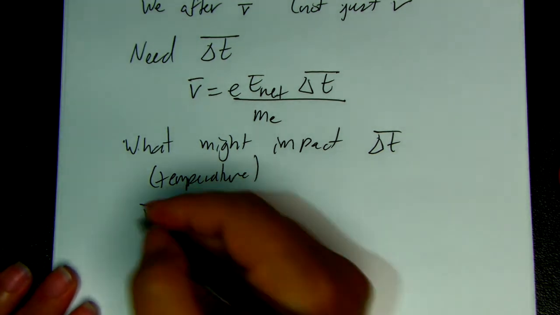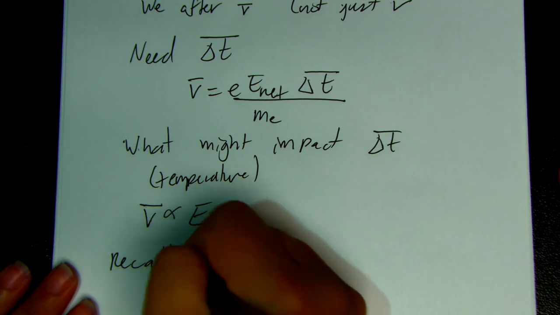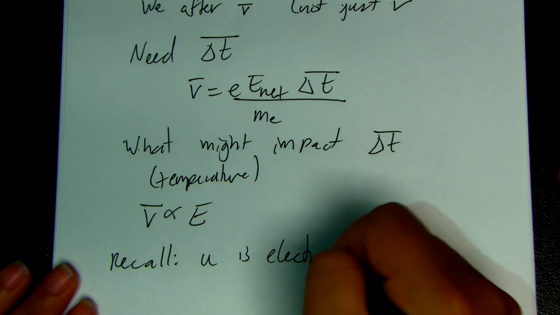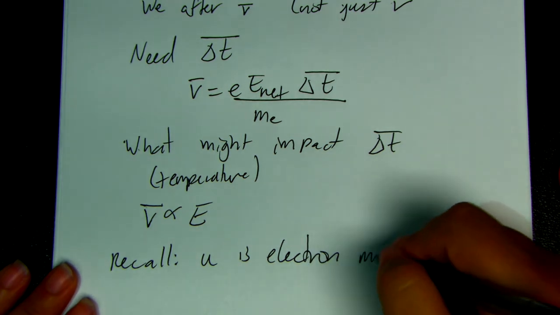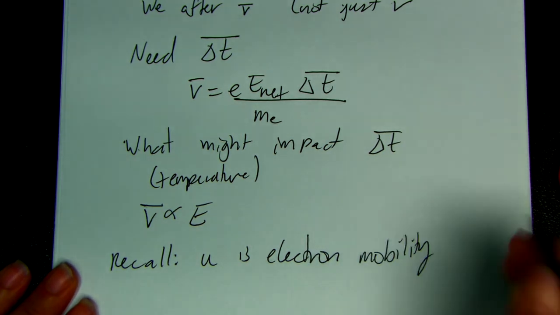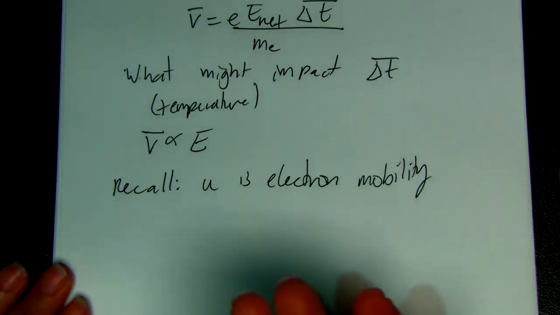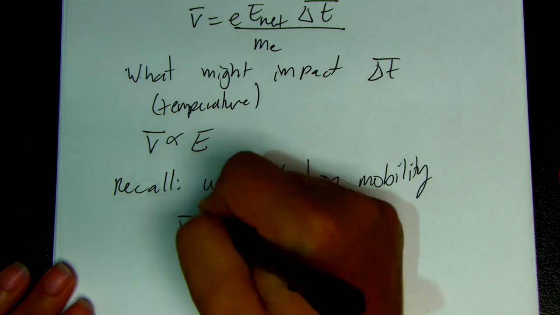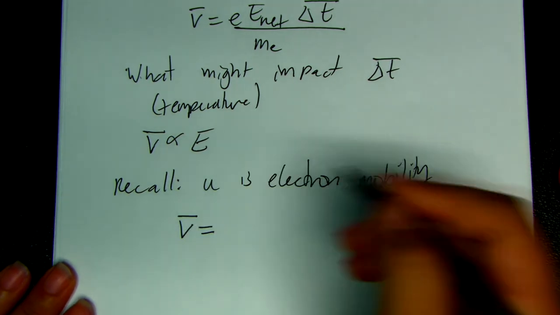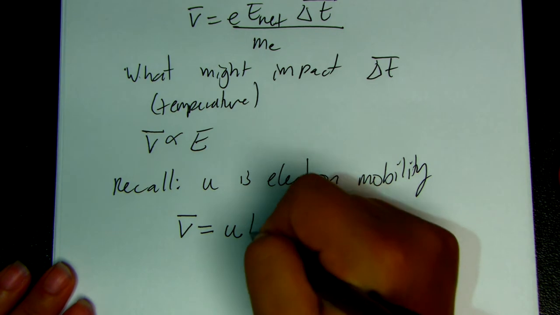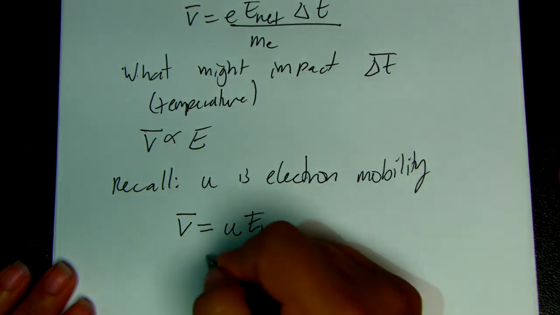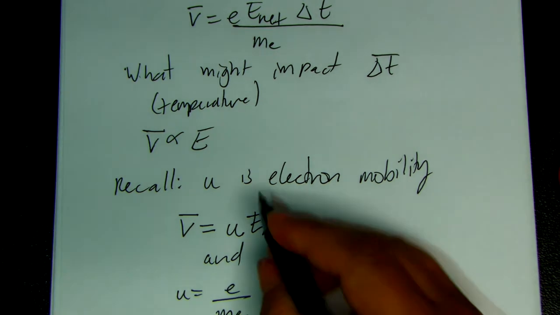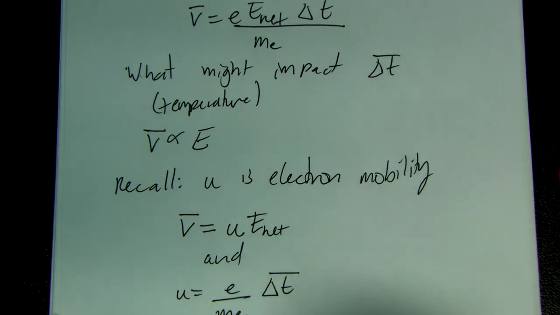Now, there is something called the electron mobility factor. U is electron mobility, and that's how easily electrons will move through a given material. And so V bar is equal to U E net, and U is equal to E over ME delta T bar.